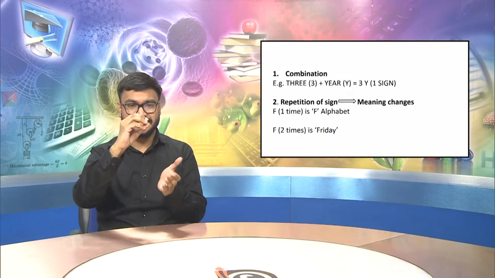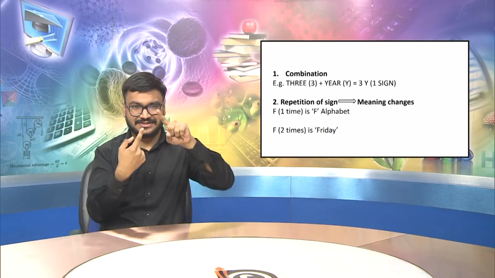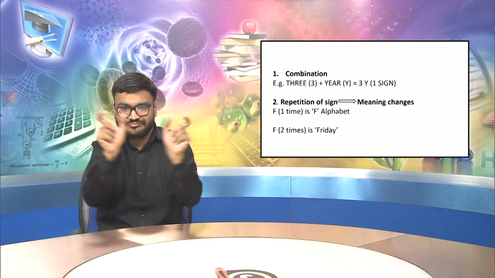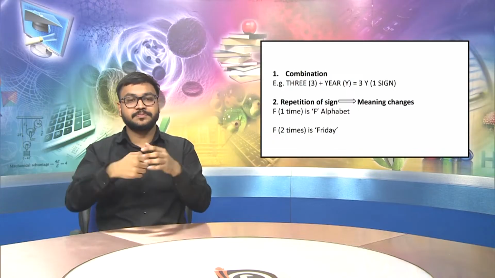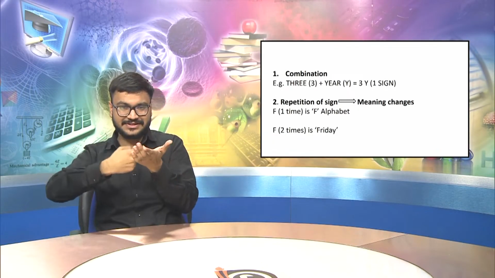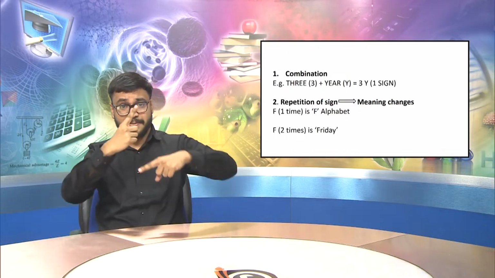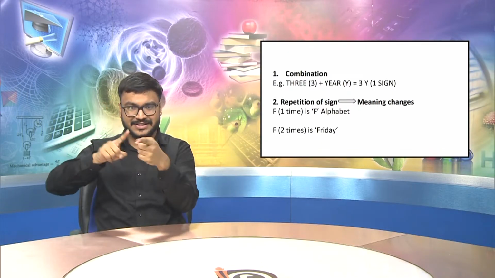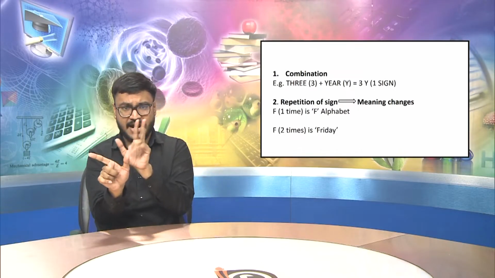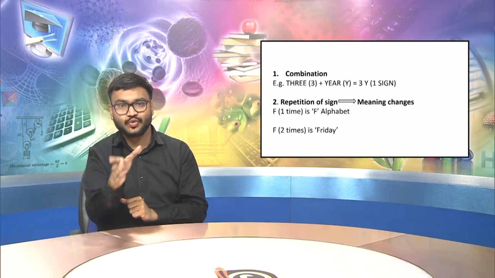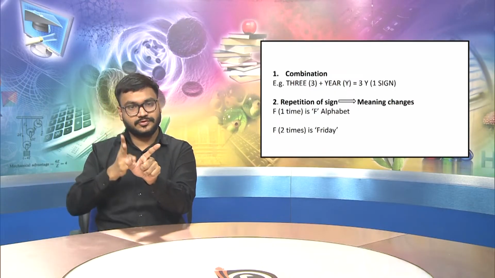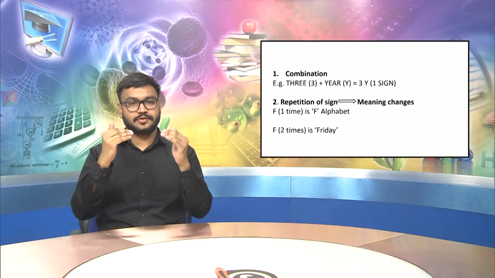For example, the first is combination. As we can see on the screen, the first is 3 along with ear. By combining these two words, we get the new word, which is 3 ear.